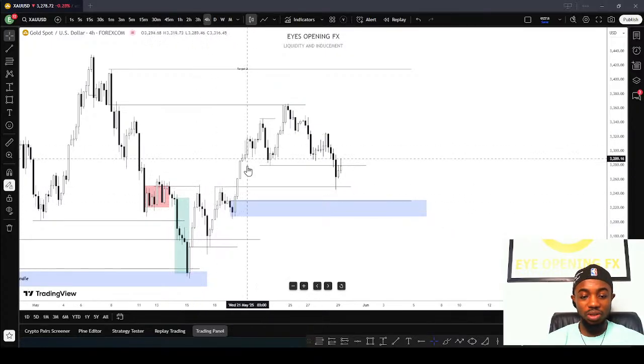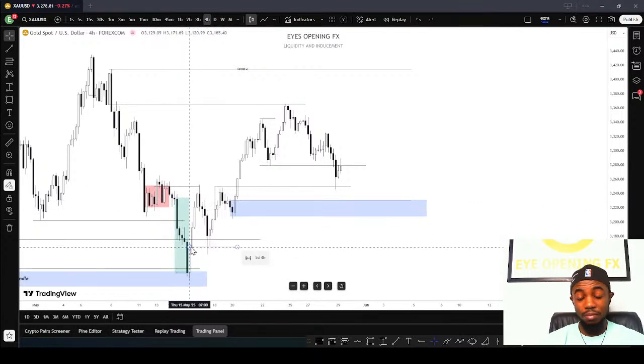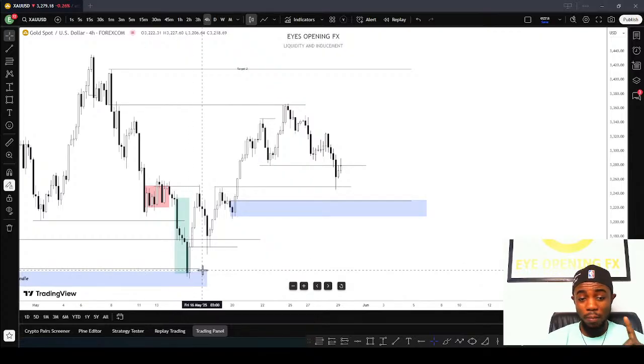This trade away, which is a distance, shows that market is not willing to come back for this again. And this other leg right here mitigated this other block or sponsored candle. So this shows that we're expecting a bullish expansion to the upside. That is one major thing you should understand as a trader.